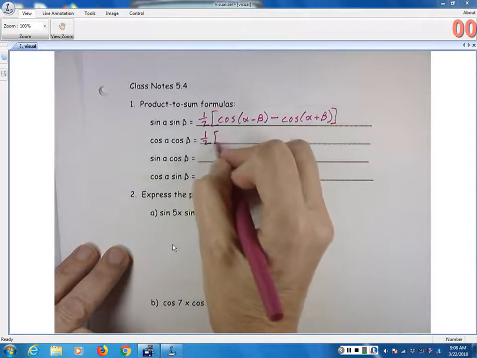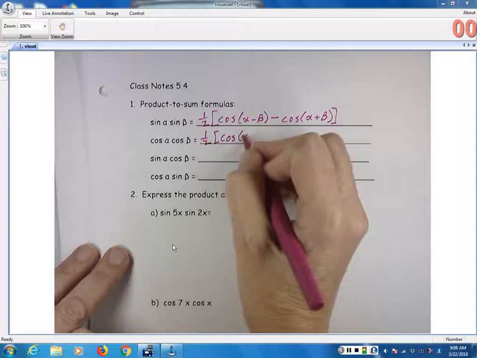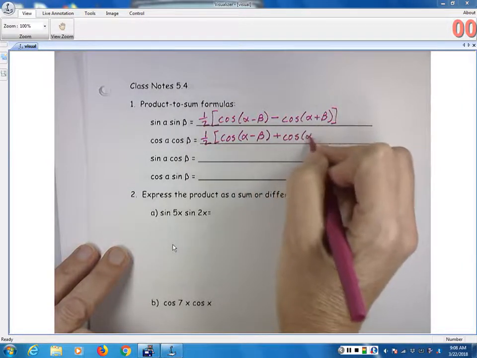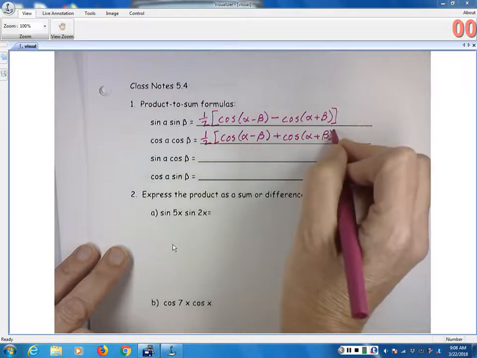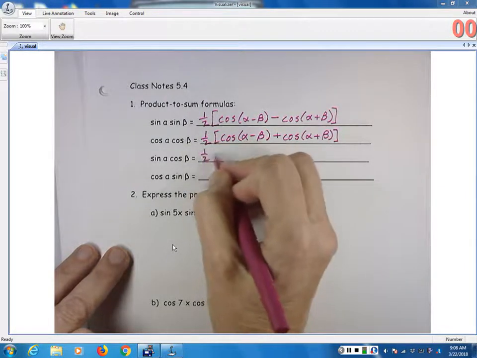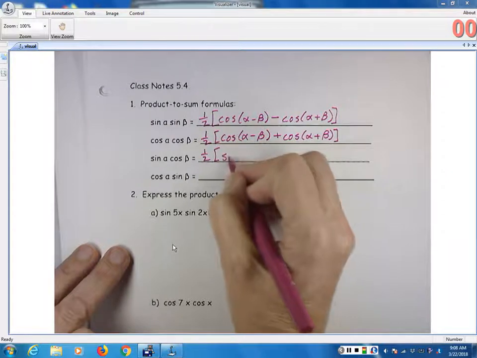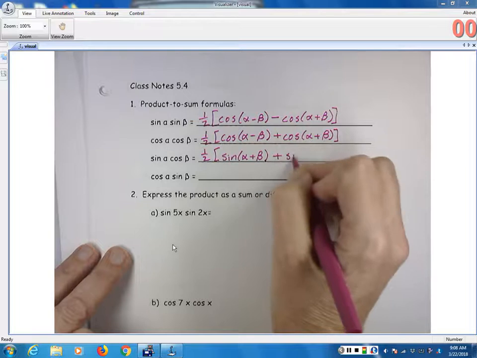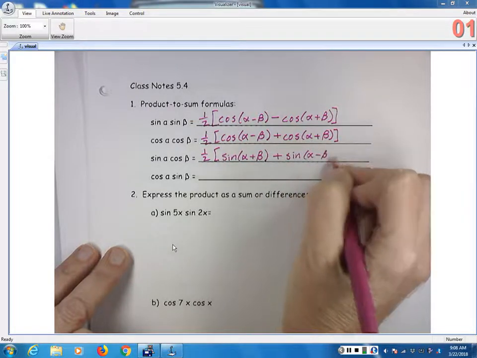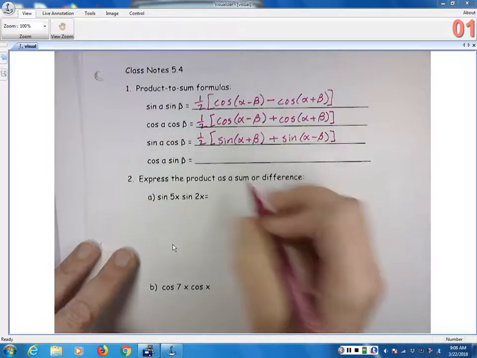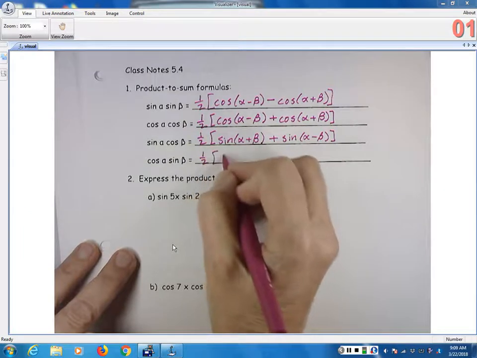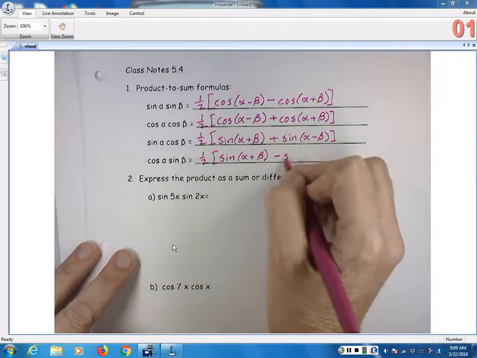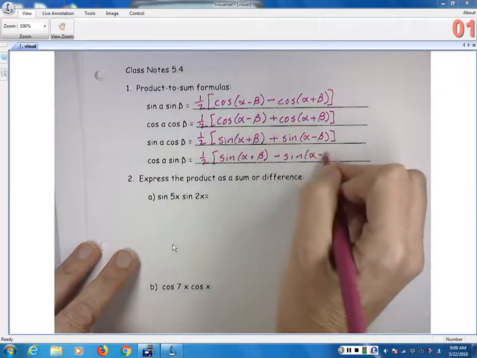One-half cosine alpha minus beta plus cosine alpha plus beta. 1/2 sine alpha plus beta plus sine alpha minus beta. And 1/2 sine alpha plus beta minus sine of alpha minus beta.